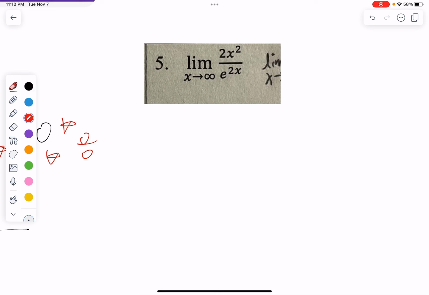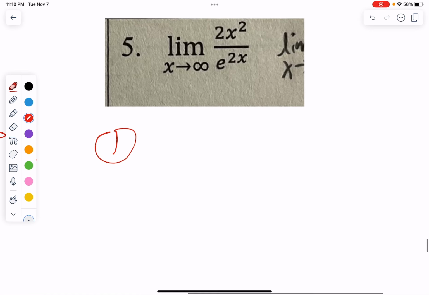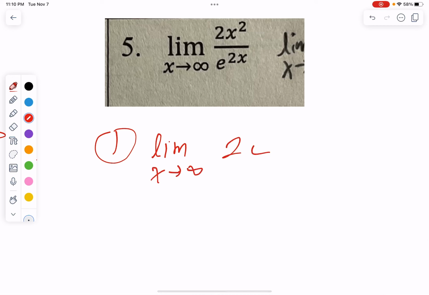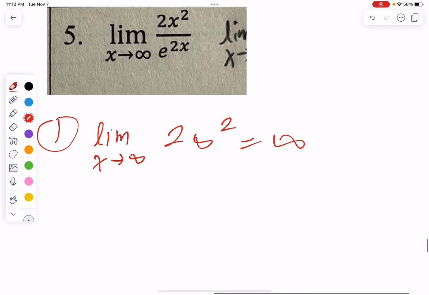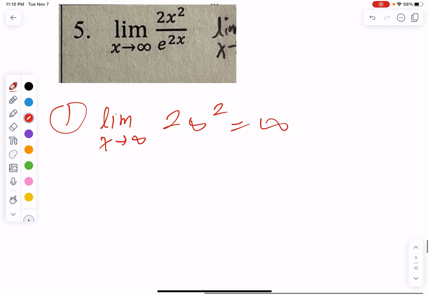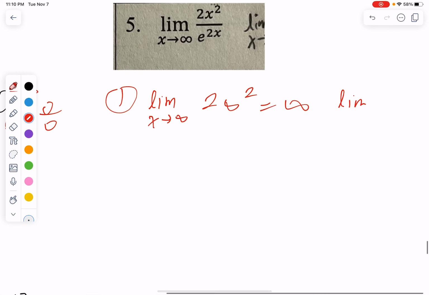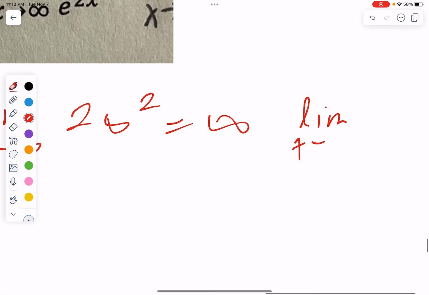Step 1 is to check. So we have the limit as x approaches infinity of 2x squared equals infinity. I recommend y'all review your infinity rules if you forgot them, because I have.